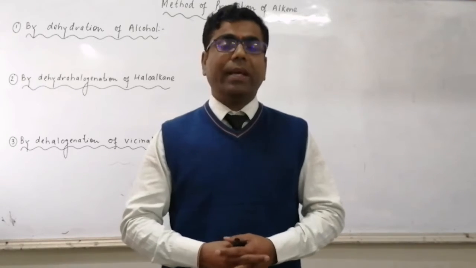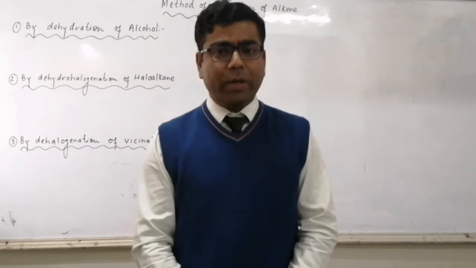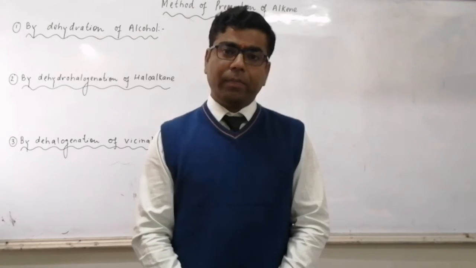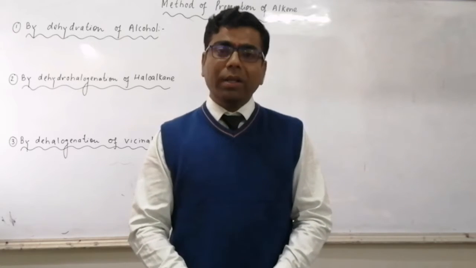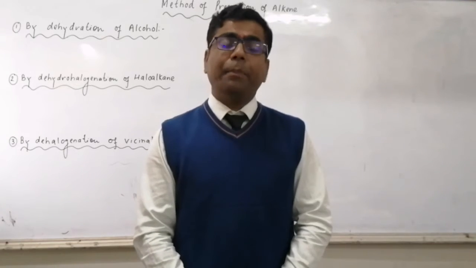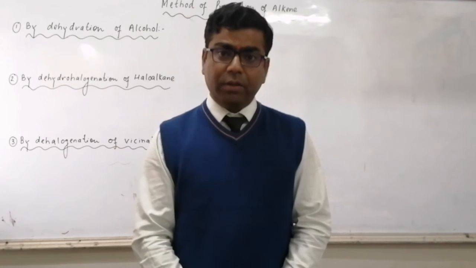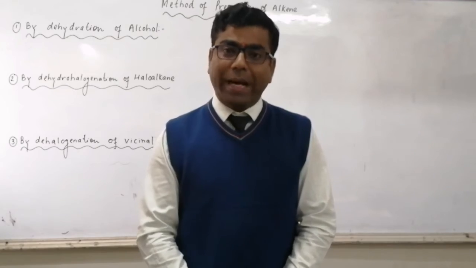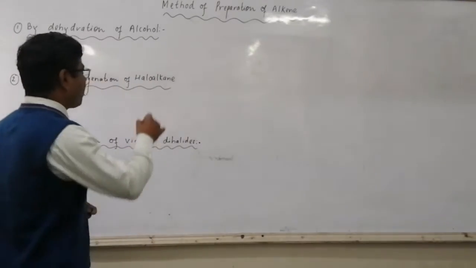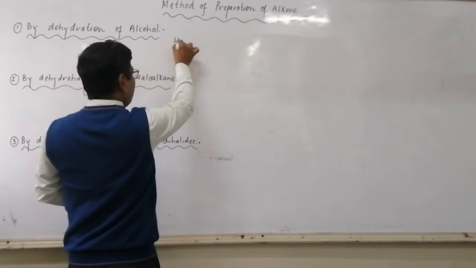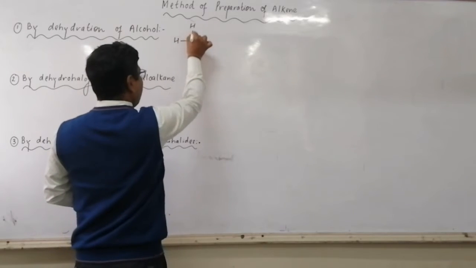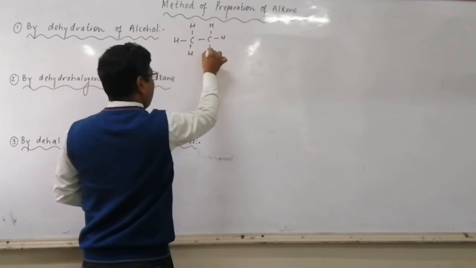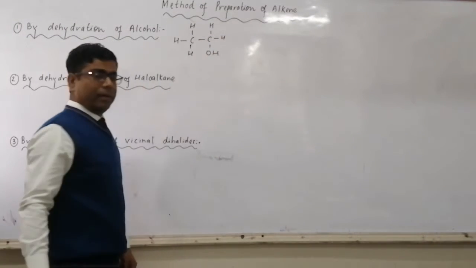And here we can use concentrated H2SO4. So if alcohols are heated in presence of concentrated H2SO4 at a temperature of 443 Kelvin, then alcohols will be converted to alkenes. So here is your reaction: hydrogen, carbon, hydrogen, hydrogen, carbon, hydrogen, hydrogen, and your OH group.